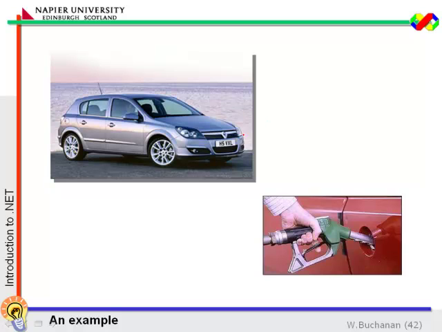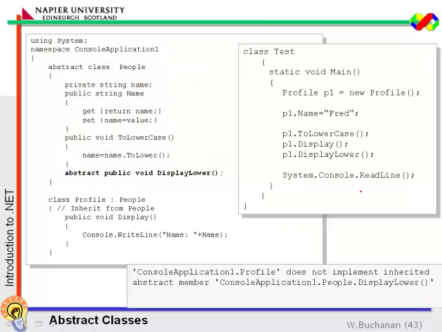Okay, so here's an example, and we have a car and a way to fill its petrol. Let's look at this, and what we have is that we've defined our abstract class. You can see there is no detail in the actual code.